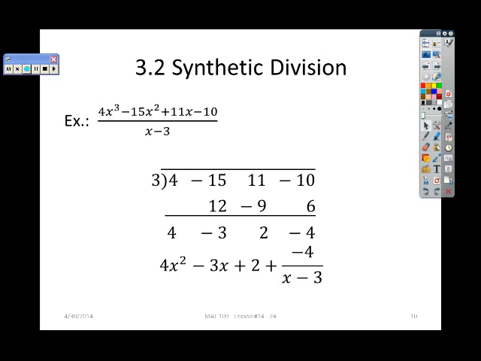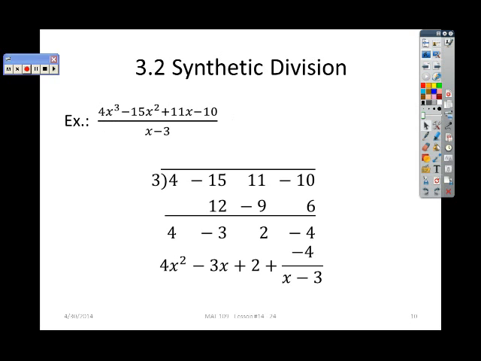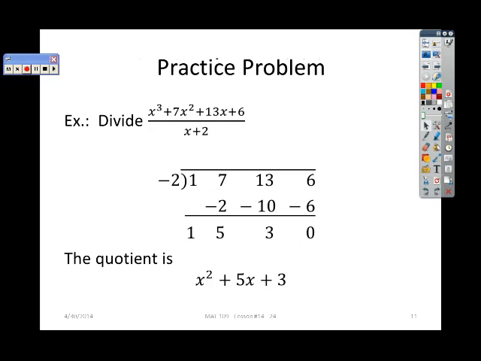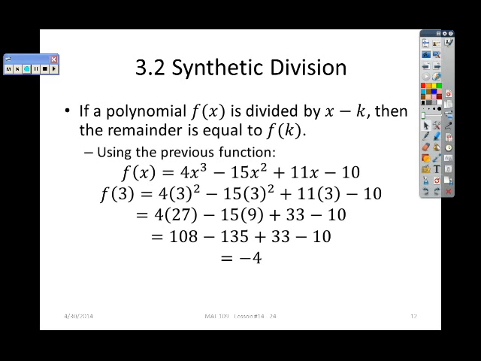We're looking at this function, this division. And, okay, what we got for an answer is 4x squared minus 3x plus 2 in the fraction. If we plug 3 in, we get that, which is -4. -4 is that remainder part.